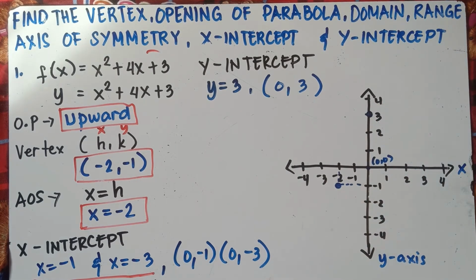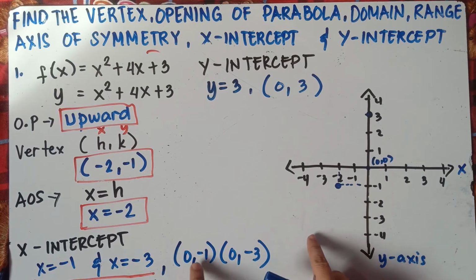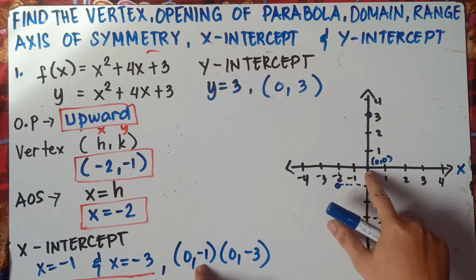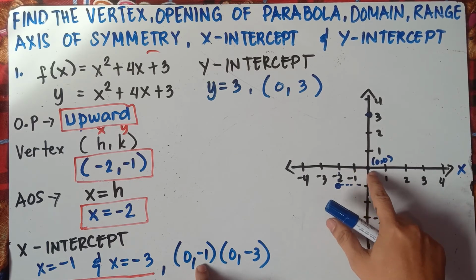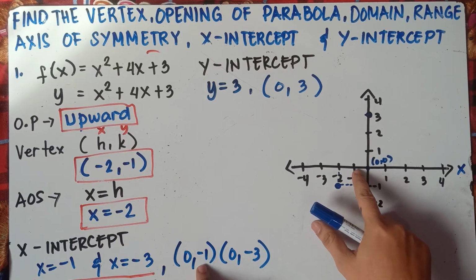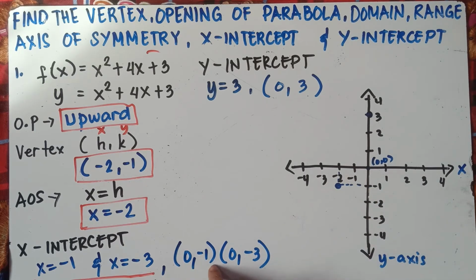Alright. And our x-intercept, it says negative 1. So, no, sorry, this is negative 1, then 0. My apology, class. X is negative 1, and we let our y equal to 0.